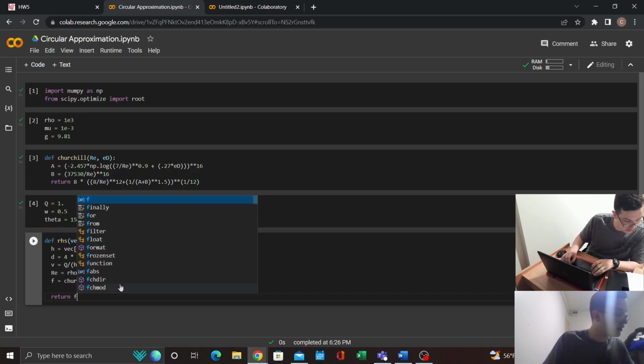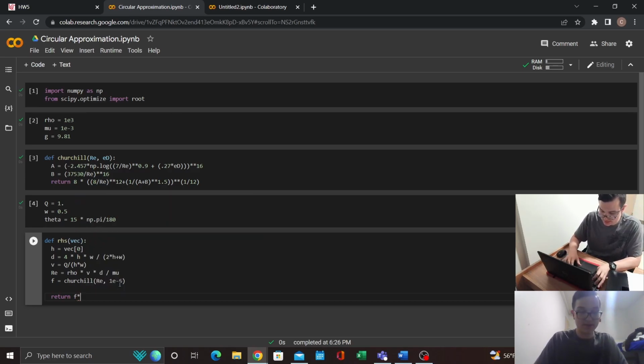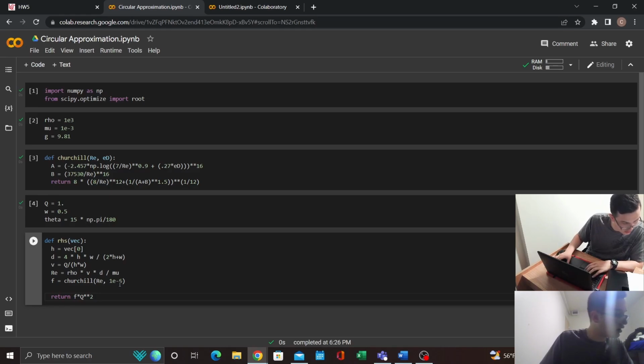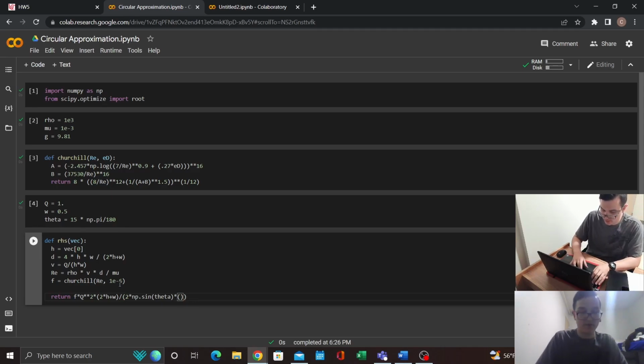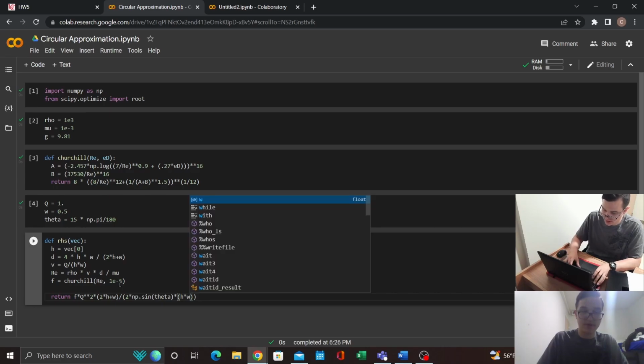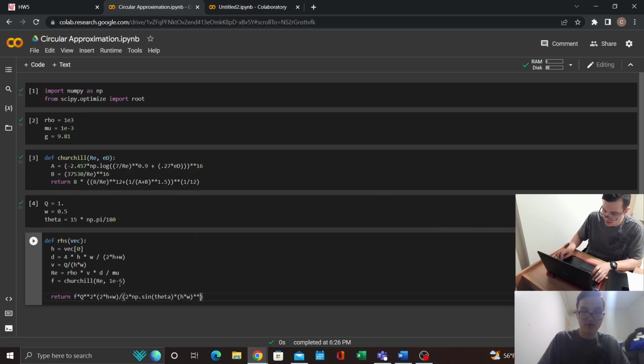f times Q squared times 2 times H plus W divided by 2 times numpy dot sine theta times H times W, height times width cubed.